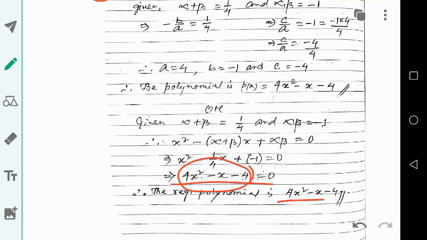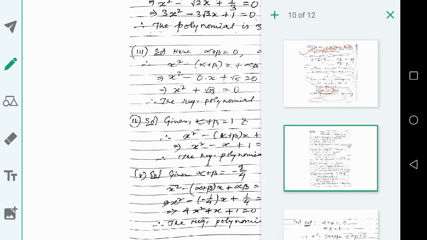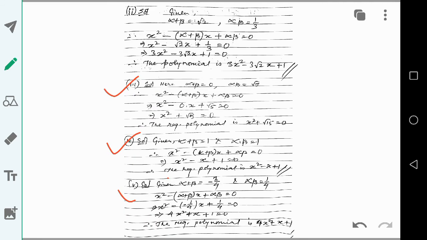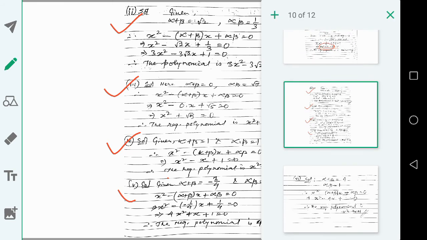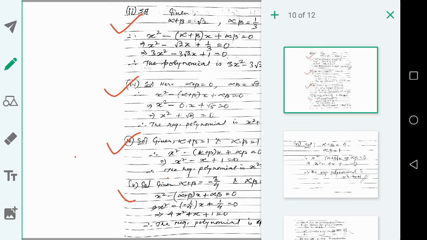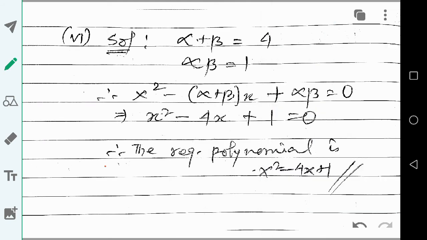This is another method. Similarly you can solve the remaining problems of question number 2. So this is 3 of 2, this is 4 of 2, and this is 5 of 2, and this is the 2 of 2. If you want to note those problems, you can pause the video right here, and this is the last one of question number 2.